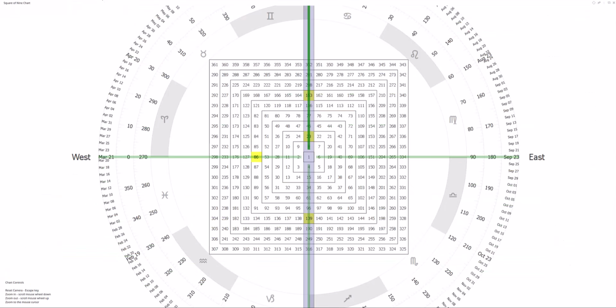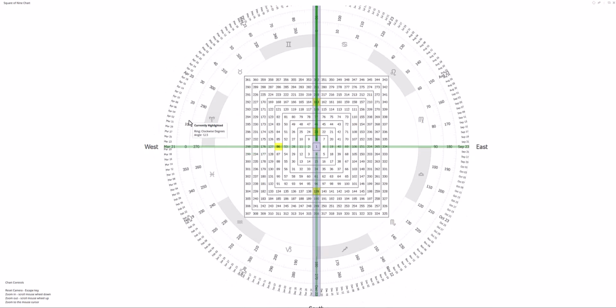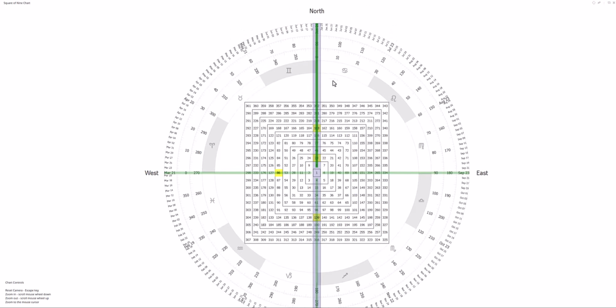And if we go back to the chart, what that means is if you start the year from March 21st, which is called 0, you can go 90 degrees. I'm going to shrink it so you can see that. So from 0 or the spring equinox, if you do 90 degrees, that takes you to the summer solstice, June 21st.